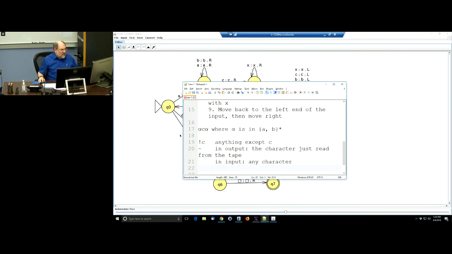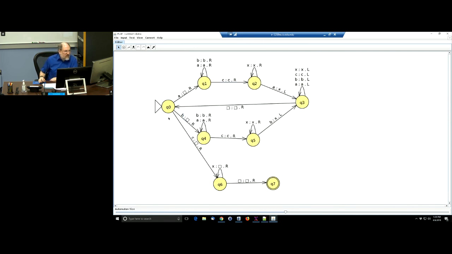So I can use that combination, for example, to say that what's really going on in Q3 is that I will take anything that's not a blank and simply write out whatever it was, the character just read, as the output, and move to the left.